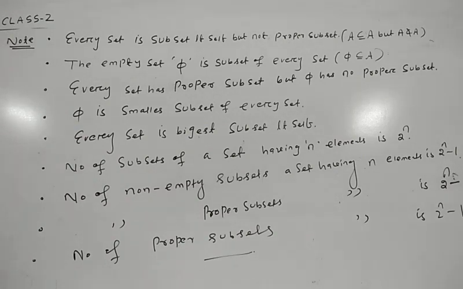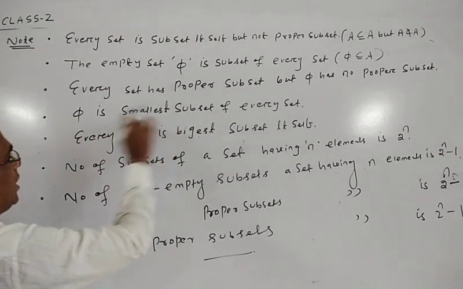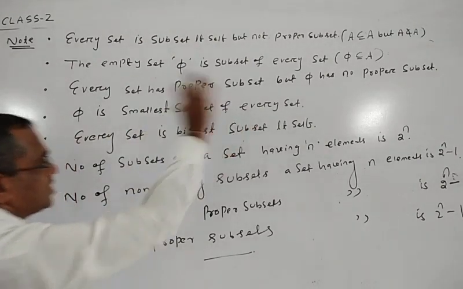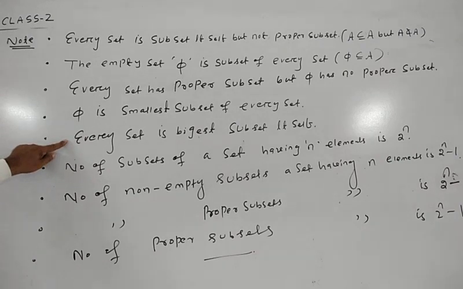Phi has only a subset. Phi is the smallest subset of every set. Every set is the biggest subset of itself.